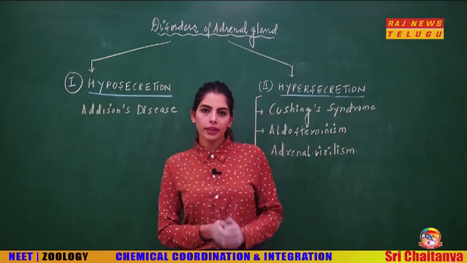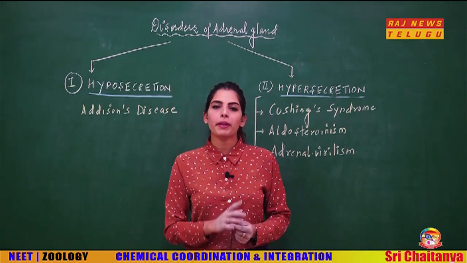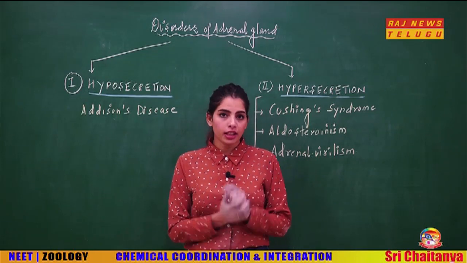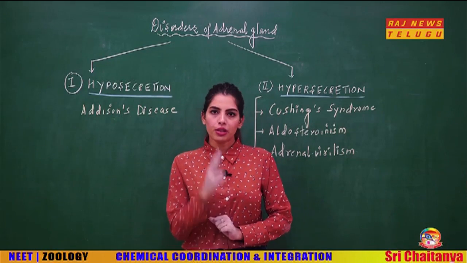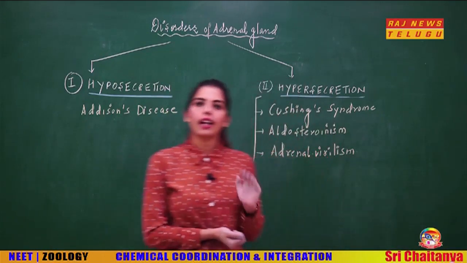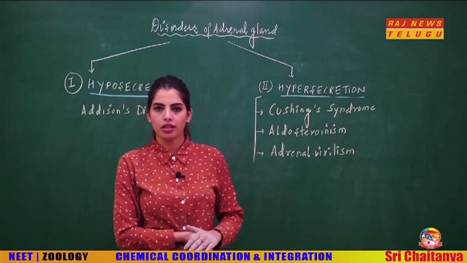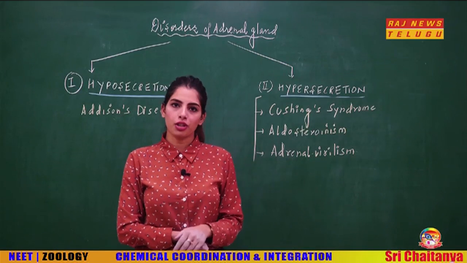Alright, now we are done with the different hormones related with the adrenal gland. The last topic that is remaining related with the adrenal gland is the different disorders. I have divided the disorders into two categories. One is hyposecretion and the other is hypersecretion. One is less secretion and one is too much secretion.